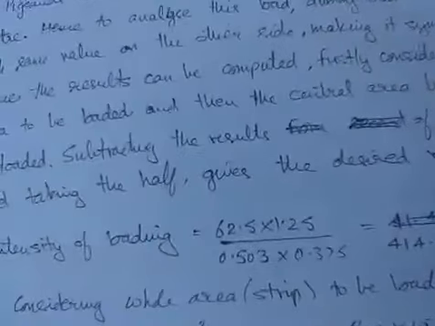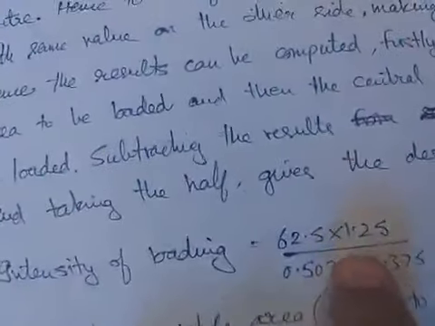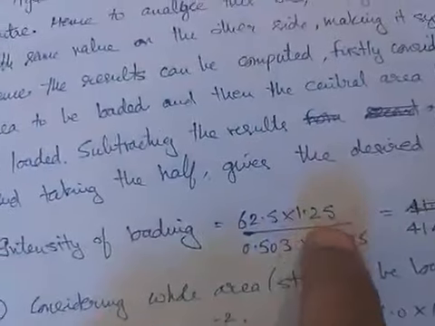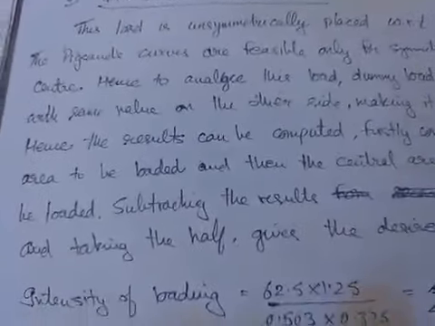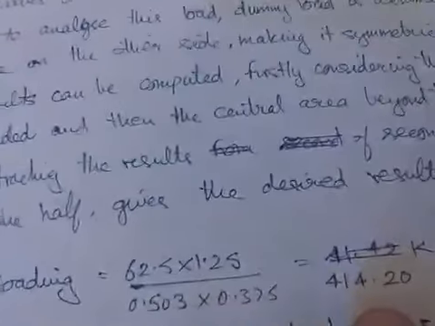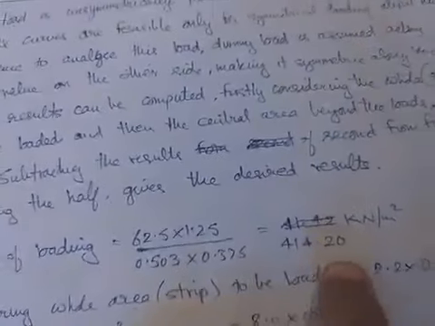So the intensity of the load is 62.5 into 1.25, that is the impact factor, divided by 0.375, this is the load dispersion. So I get this value as 414.2 kilonewton per meter square. As I told you, we will take it in two parts. First we will consider the whole strip which is to be loaded. So the whole strip, if it is loaded, is 2.2 meters into 0.375 meters.